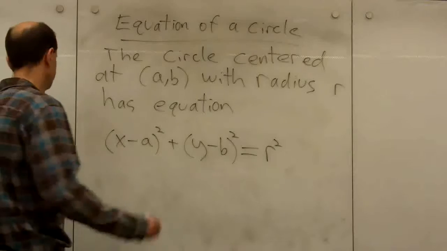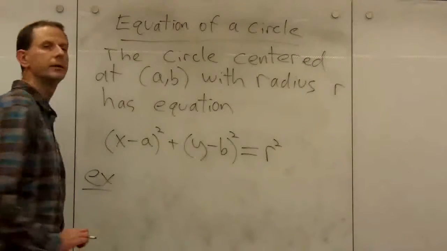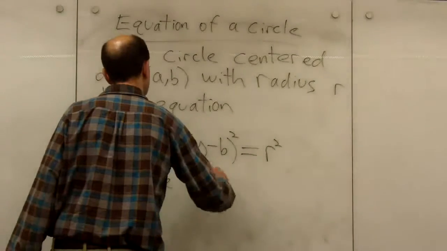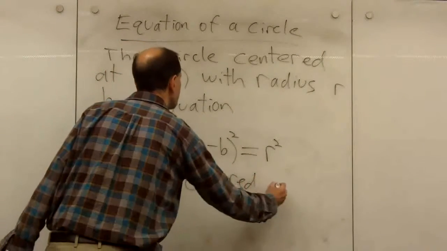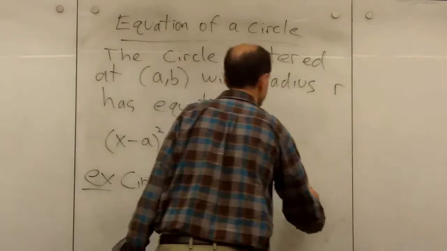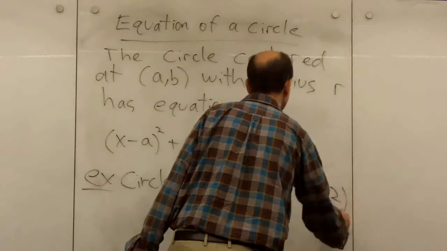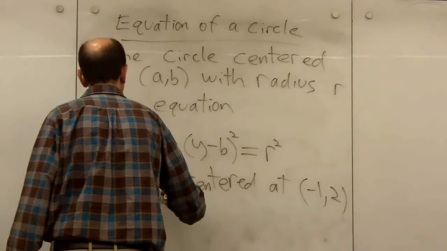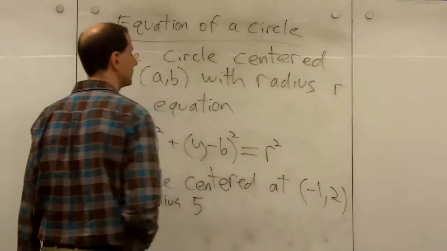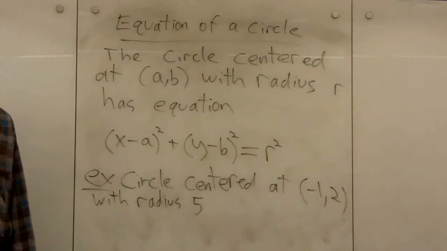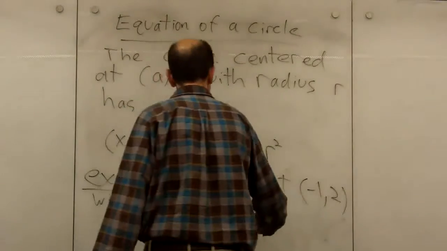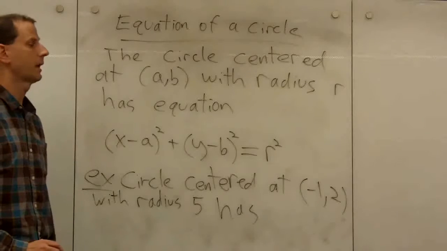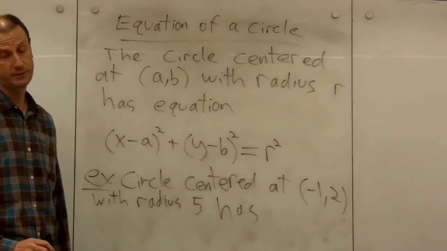So for example, if I want the circle centered at, say, the point (minus 1, 2) with radius 5, and I want to get its equation, I simply use this formula where a is going to be minus 1, b is going to be 2, and r is going to be 5.